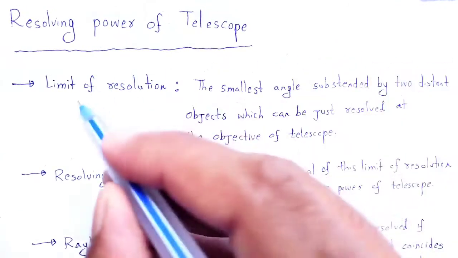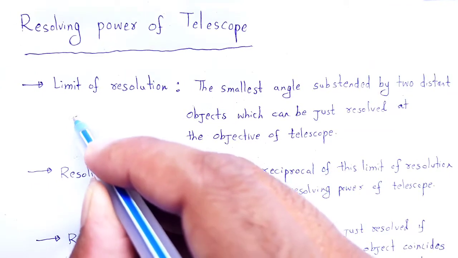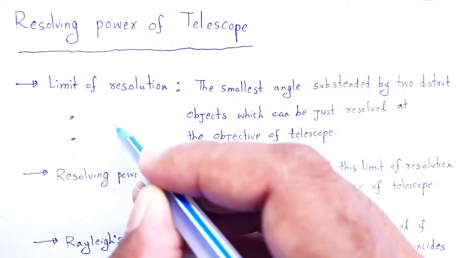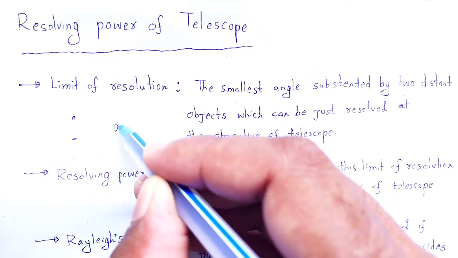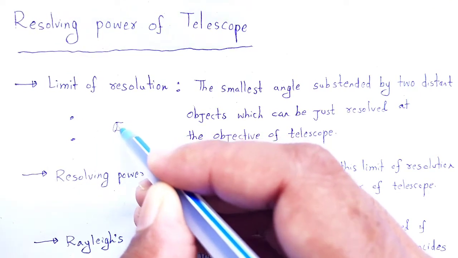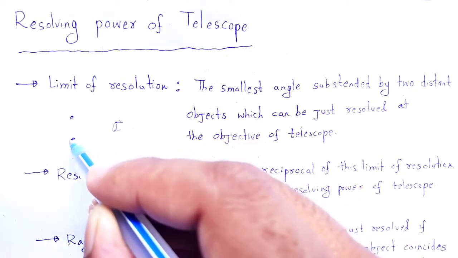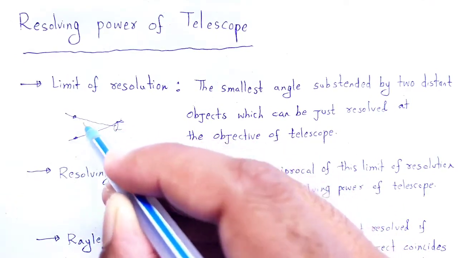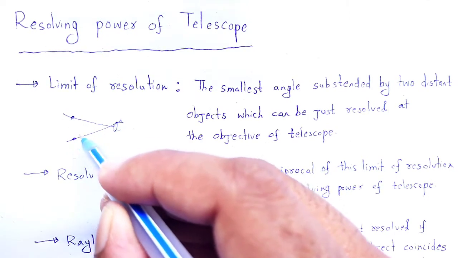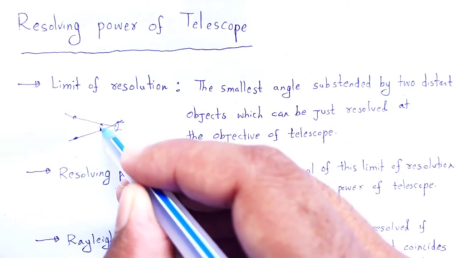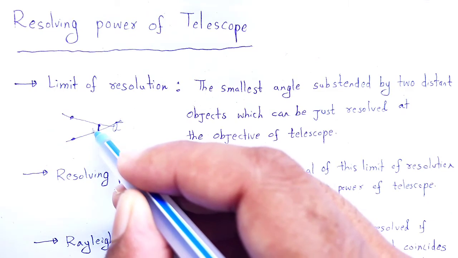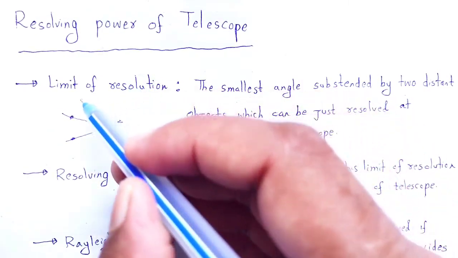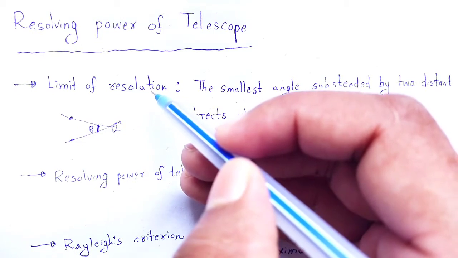If there are two distant objects, and that be the telescope here, the objective of the given telescope. So, the minimum angle subtended between these two objects at the telescope, let that angle be theta, which is known as the limit of resolution.